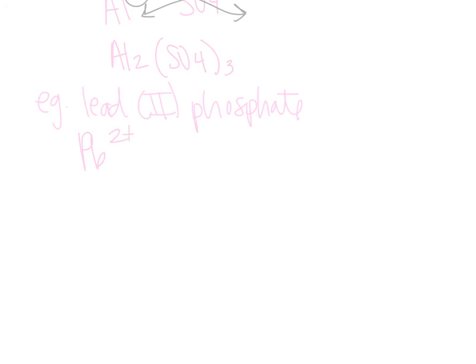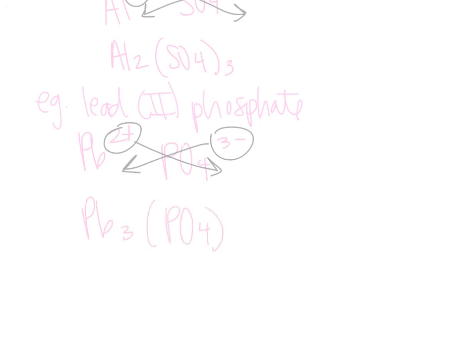And then consulting our handy dandy polyatomic ion chart, we see that phosphate is PO4 3 minus. So then we do the crisscross method. And then we get Pb3 parentheses PO4 2. And that is what lead 2 phosphate is.